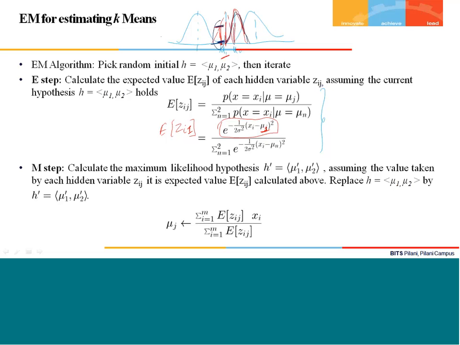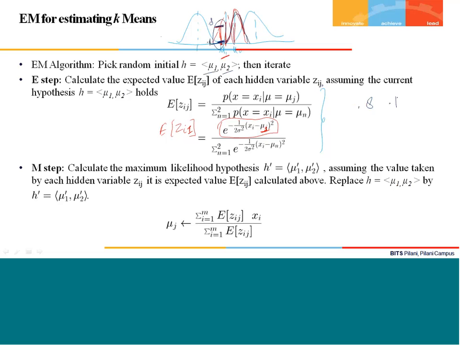I will normalize these two. For example, from here I get 0.8 and from here I get, let's say, 0.1. So the probability of x belonging to the first normal distribution is 0.8, according to whatever mu1 and mu2 I assumed, and the probability that x belongs to mu2, the second normal distribution, is 0.1, right?